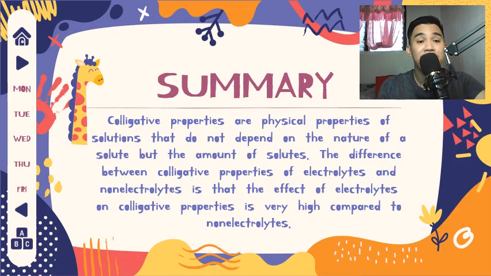So here's the summary. Colligative properties are physical properties of solutions that do not depend on the nature of a solute but the amount of solutes. And the difference between colligative properties of electrolytes and non-electrolytes is that the effect of electrolytes on colligative properties is very high compared to non-electrolytes.